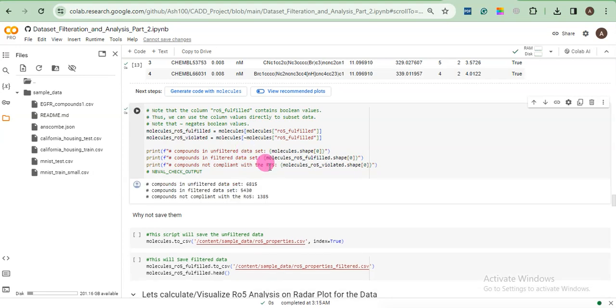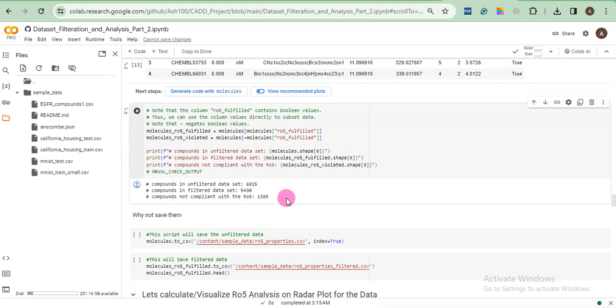So interestingly, what we found is that we have total compounds 6815 in the filtered data set, 5430 compounds compliant, and compounds not compliant with Ro5, 1385. What does it mean?